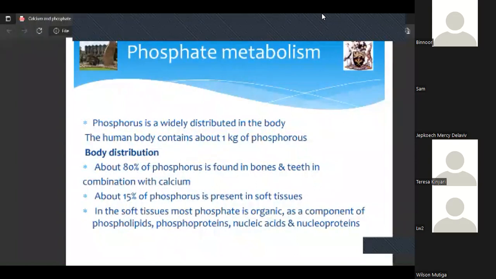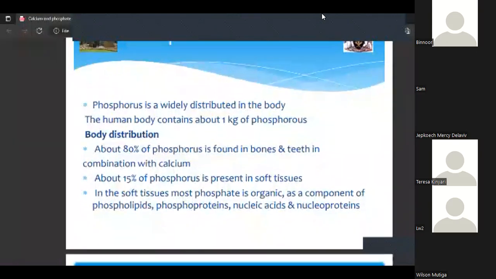We know that phosphate is important for ATP and most of the enzymes within the body, both intracellularly and extracellularly, and therefore it becomes very critical to have it also in the soft tissues. It's bound to lipids as phospholipids, bound to proteins as phosphoproteins, and to nucleic acids and nucleoproteins. And that's how it's able to effect its action.